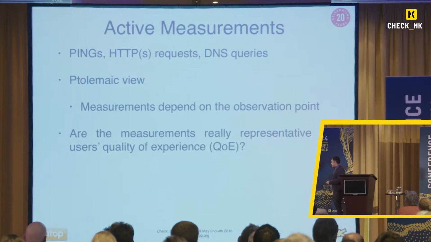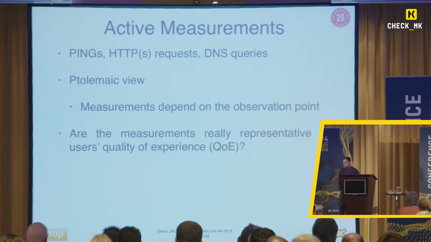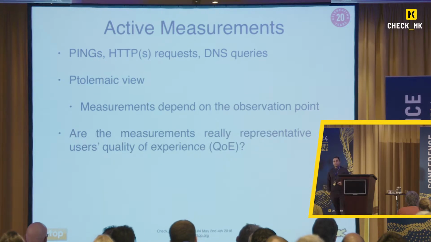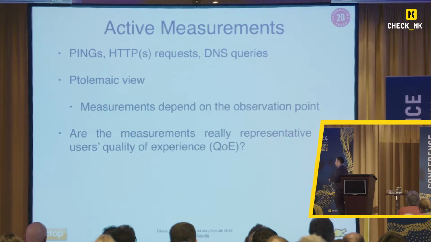The other part is the active measurements, such as ping, HTTP requests, DNS queries. They are very useful. We have seen a real example yesterday, for example, during another presentation, but they provide a view that is somehow biased, because it's a view that is related to the observation point.